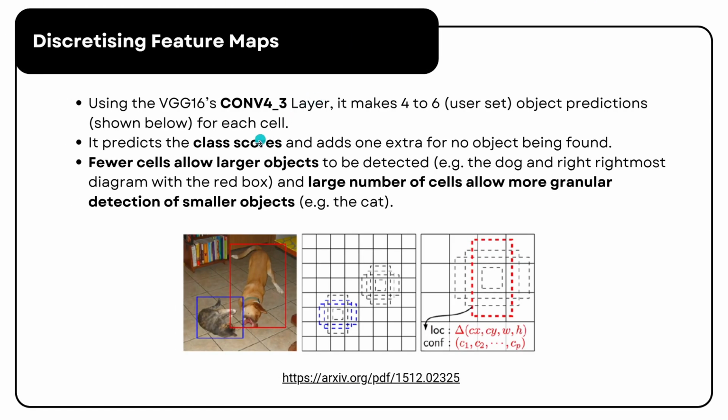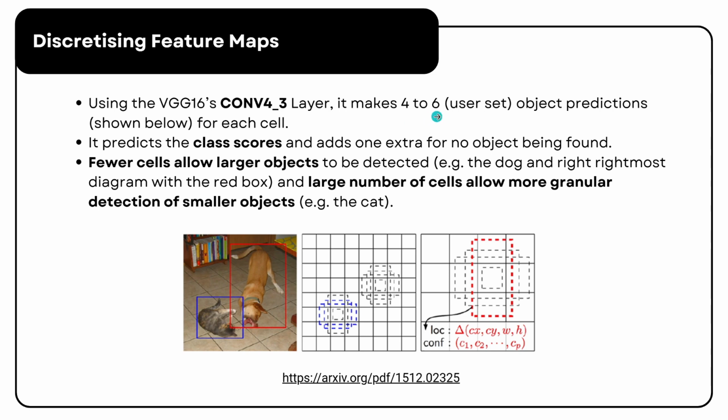Let's now take a closer look at how SSDs make predictions, specifically how they discretize feature maps. SSDs use a feature map from a convolutional layer. For example, let's say we have the VGG16 conv4_3 layer and divide it into a grid of cells.